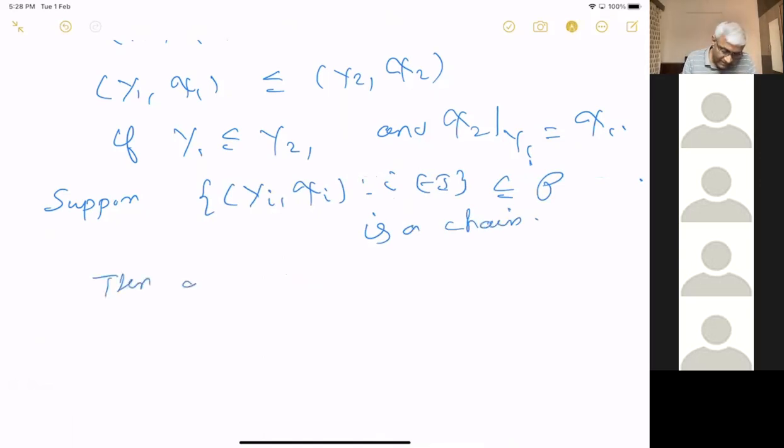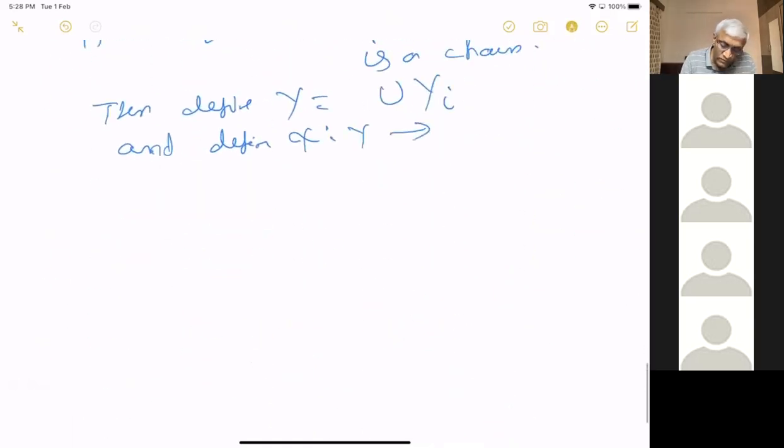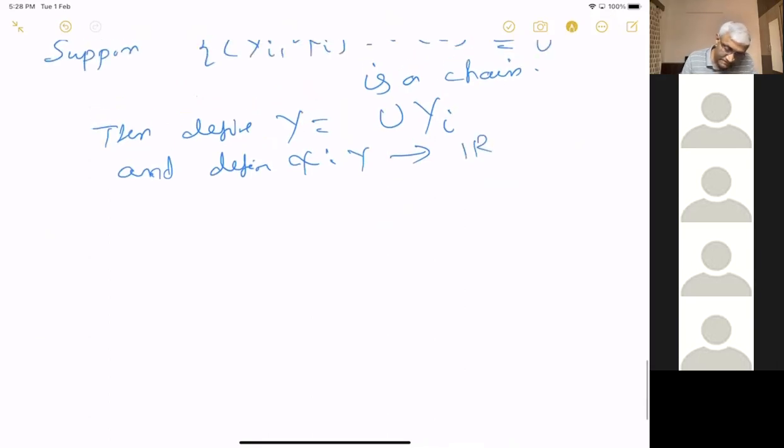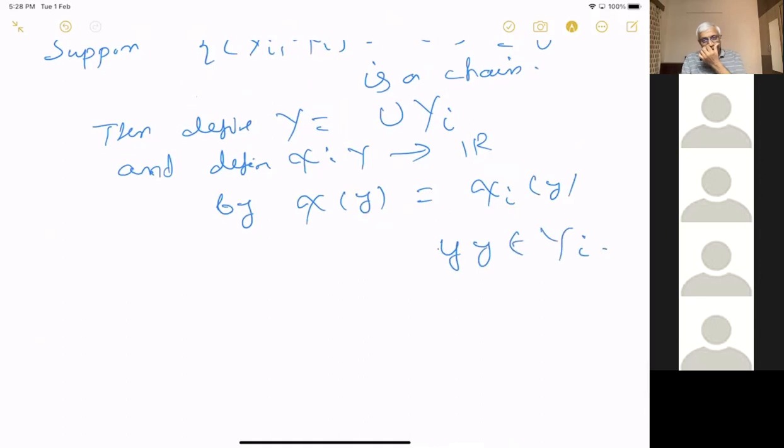Then define y equal to the union of all those y_i. Define chi from y to the real line by chi(y) equal to chi_i(y) if y is in some y_i.